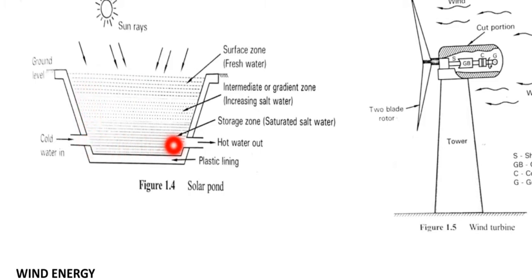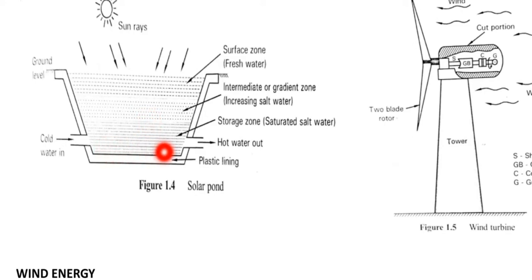This is the lower zone, also known as the storage zone. And this is the intermediate zone which separates the surface zone and the storage zone. Top one is the surface zone, then the intermediate zone and the storage zone.